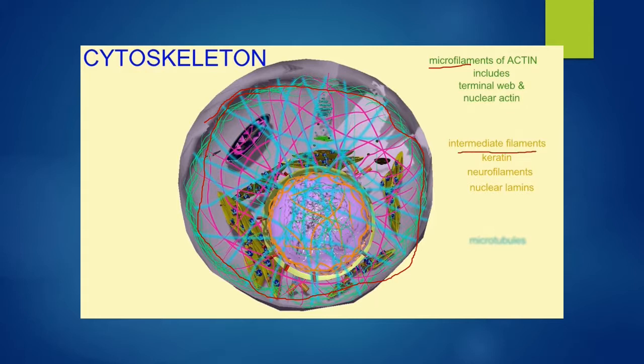Then there's the intermediate filaments depicted here in, looks like red, transcending and crisscrossing all throughout the interior of the cell. And then also microtubules depicted here in blue. And notice all of these microtubules traverse the interior of the cell, all surrounding these organelles within the cell, specifically and especially surrounding the nucleus of the cell.